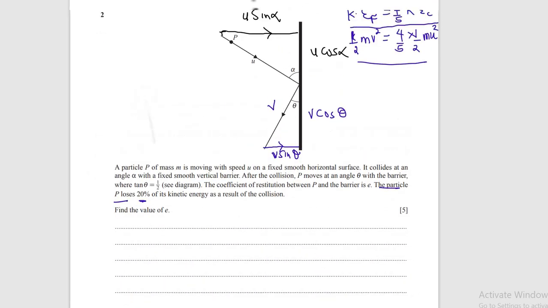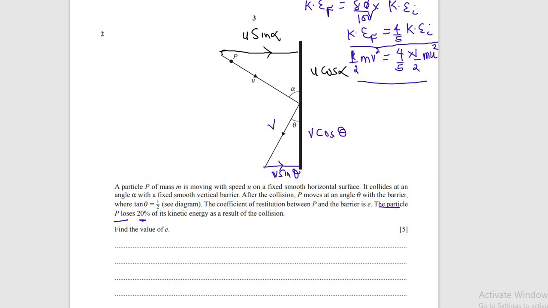Now the first thing we'll do is this. The motion is horizontal. So the motion is the one perpendicular to the wall. So perpendicular to the wall, we have u sine alpha and v sine theta.